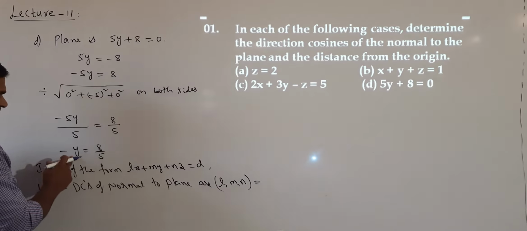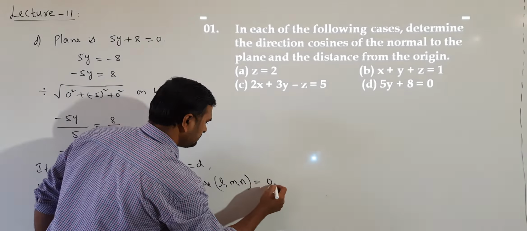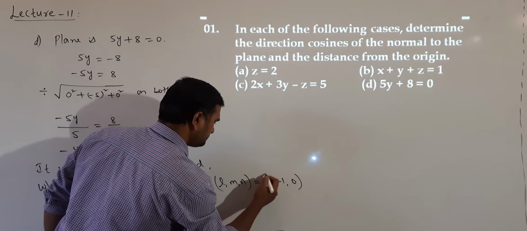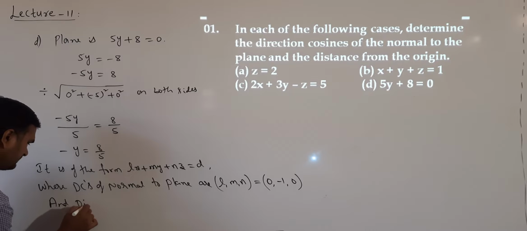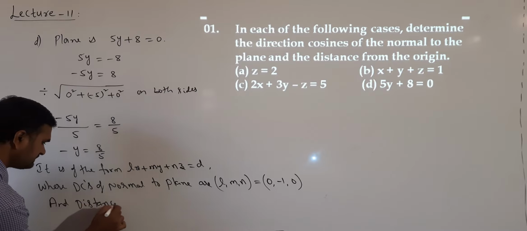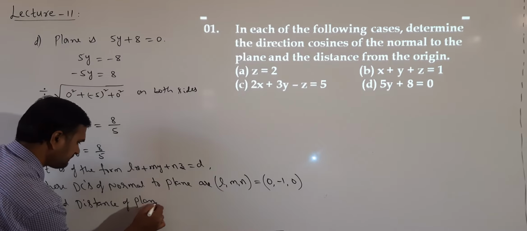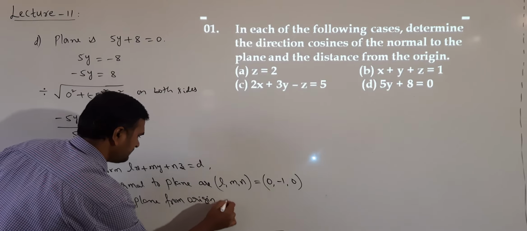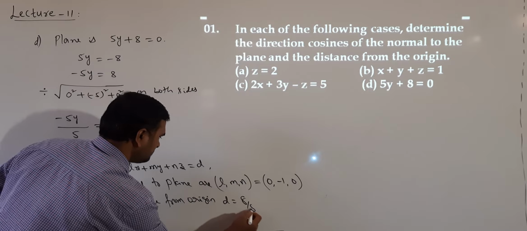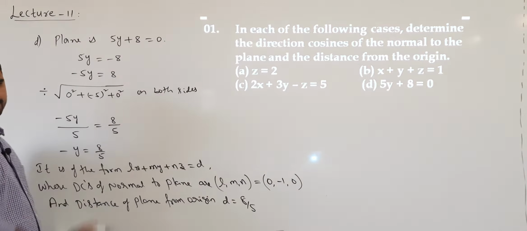What are DCs of normal to plane? 0, minus 1, 0, and distance of plane from origin d is 8 by 5.